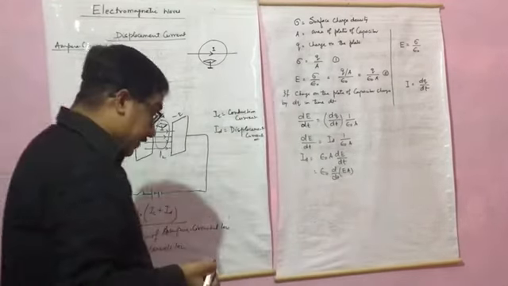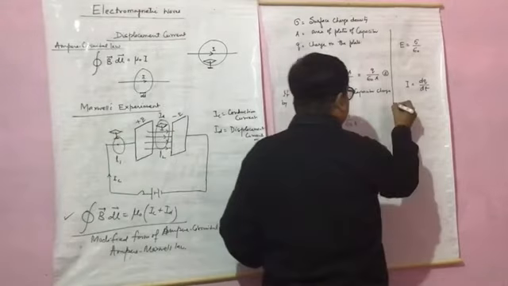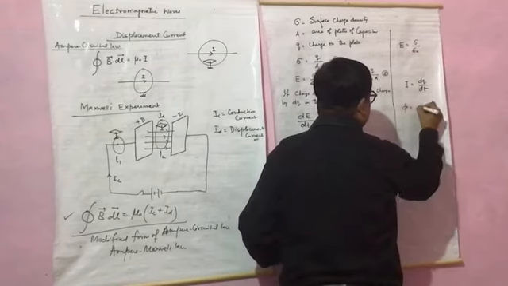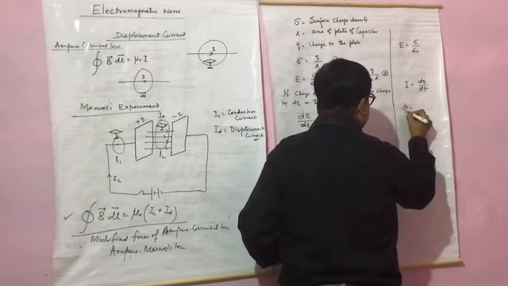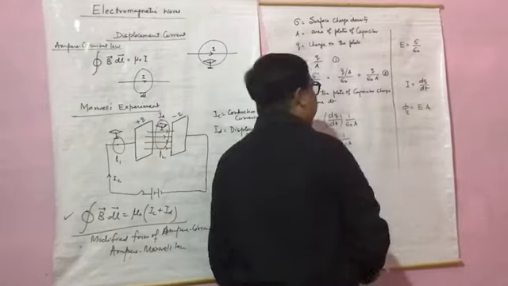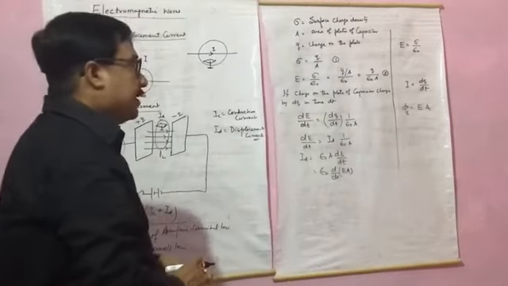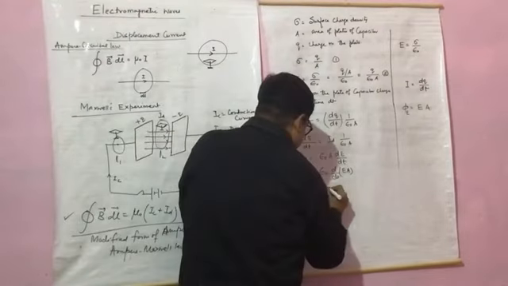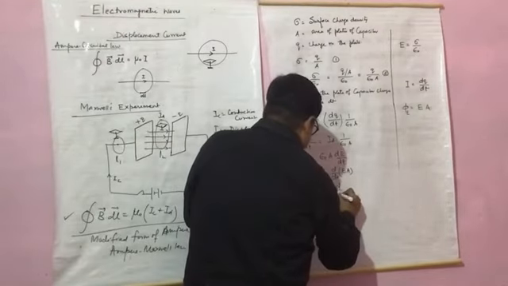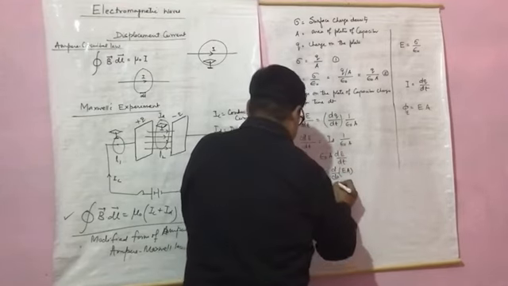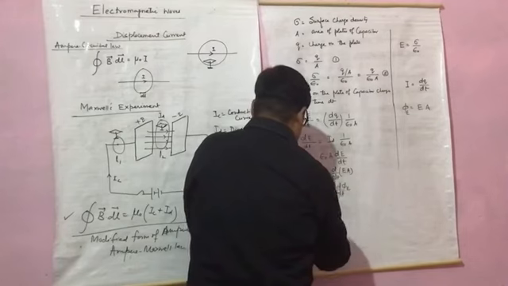Now the next step we can say epsilon naught d by dt of EA. What is this EA? The concept of flux phi. Electric flux is phi E, and it is EA. Electric field multiplied by area gives the flux. So we can write this as epsilon naught d by dt of phi E. So this is ID.